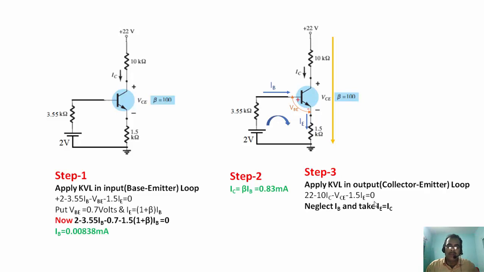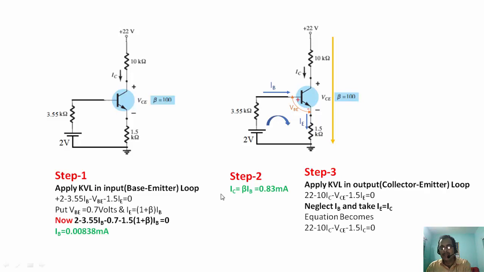In output loop, we neglect the value of IB as compared to IE and IC. If we neglect the value of IB, then IE becomes equal to IC. Now put this value in this equation.